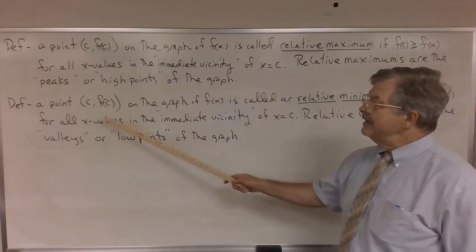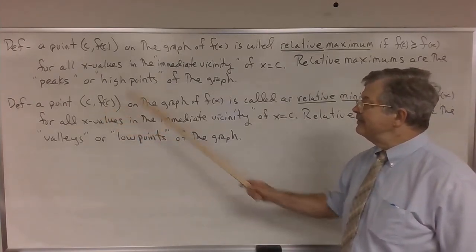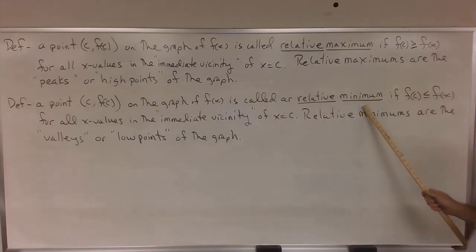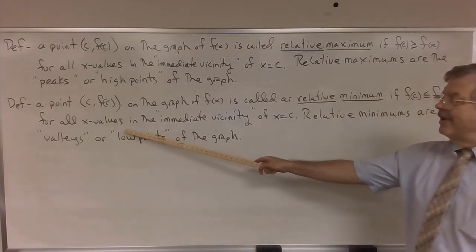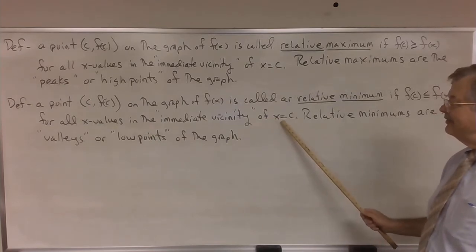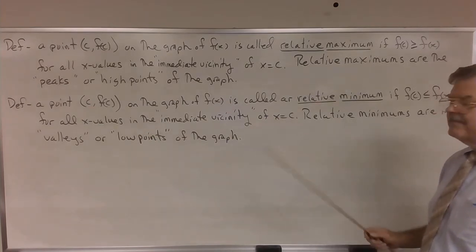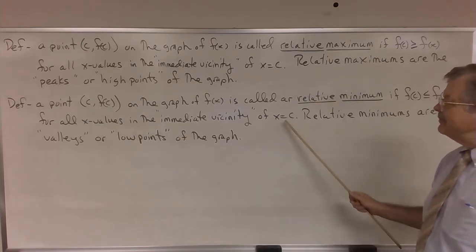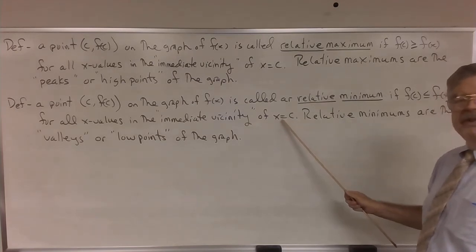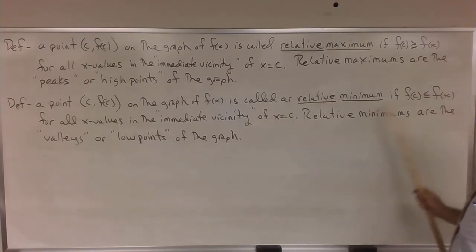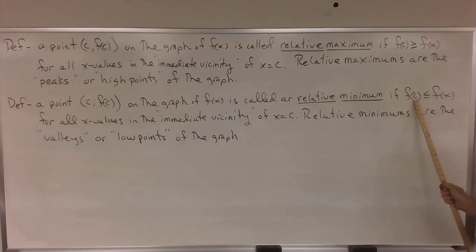Now, analogously, we define the point (c, f(c)) to be a relative minimum if f evaluated at c is less than or equal to f evaluated at x for all x values in the immediate vicinity of x equals c. Said differently, in the vicinity of x equals c, f of c is going to be the smallest value of the function.